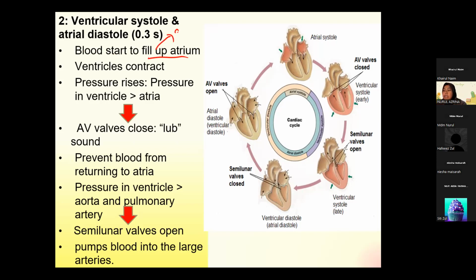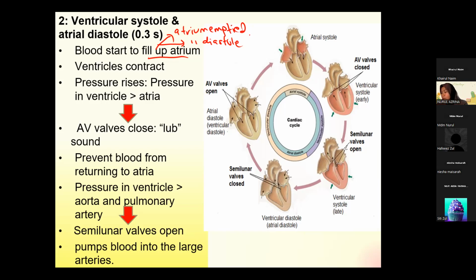Because now your atrium is empty, and it is in the diastole mode. It has relaxed, so it can receive blood coming from the vena cava or the pulmonary vein.